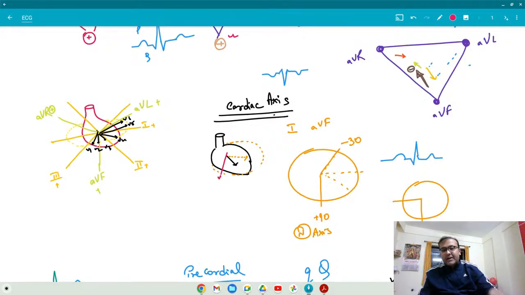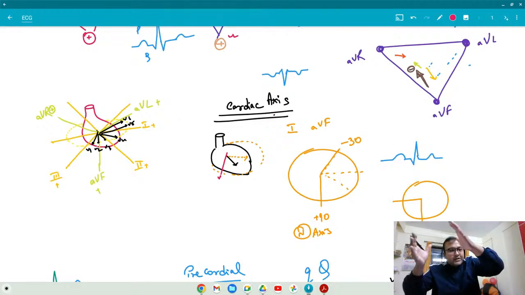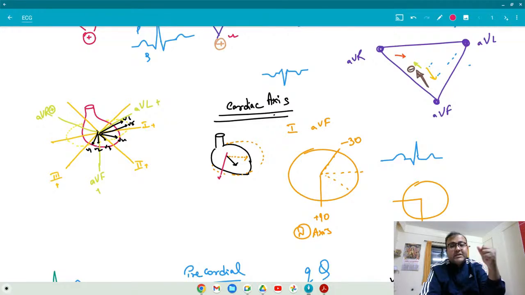Is it healthy or diseased? Instead of going leftward and downward, it is going rightward and downward. Of course, diseased. It is moving towards the right hand side, so it is called right axis deviation.